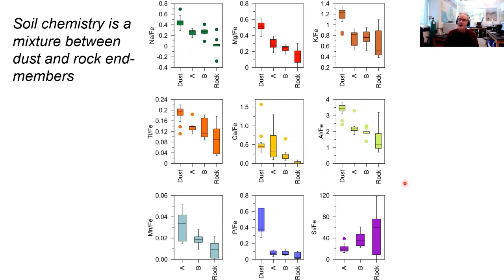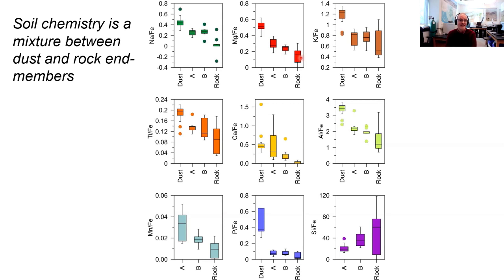So in all of these plots, we're looking at a major element or a particularly abundant element normalized to iron in the dusts, in the soil A and B horizons, and in the rock. And what I'm really trying to show you here is that in nearly all cases, the dust and the rock represent end members, essentially, where a particular element might have a really elevated ratio in the dust and a relatively low ratio in the bedrock, and the soil is in between, helping emphasize the idea that these soils are a mix of dust and rock.